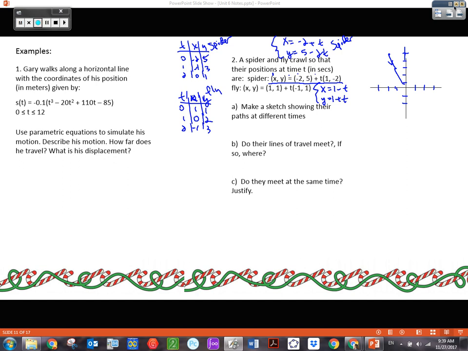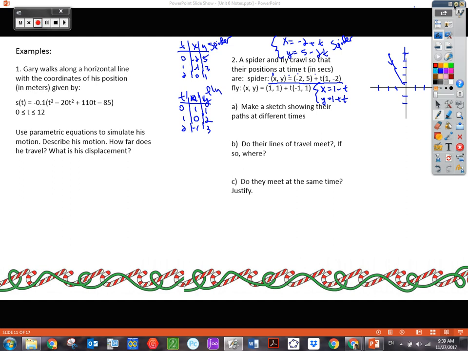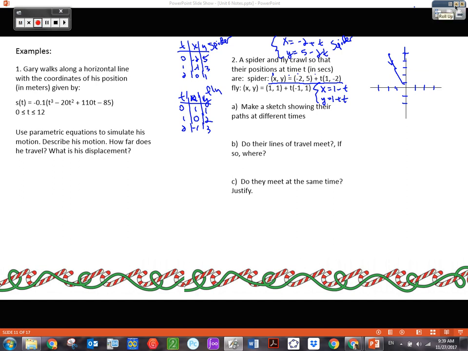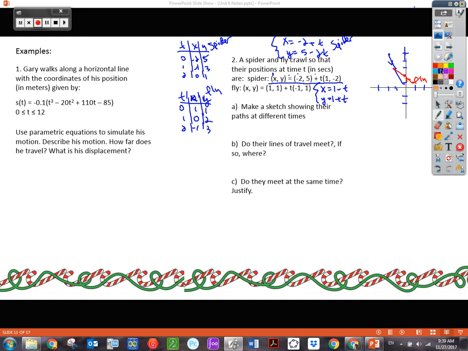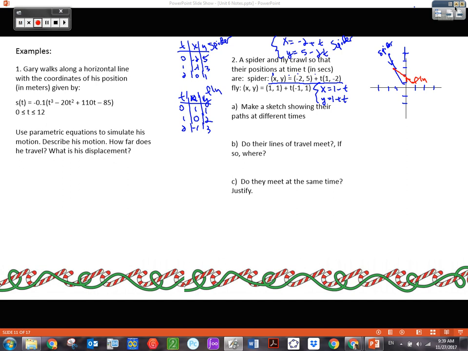Okay, so that's the path of the spider. Let's change the color of the fly. So the fly is at 1, 1, and then moves to 0, 2, and then goes to 1, 3. Okay, so that's the fly, and that's the spider.